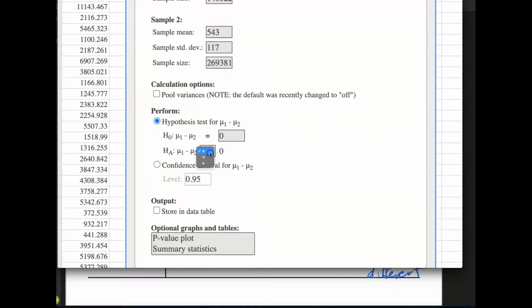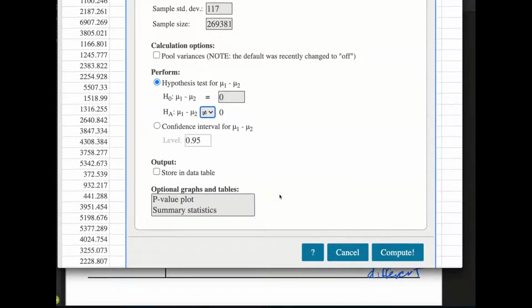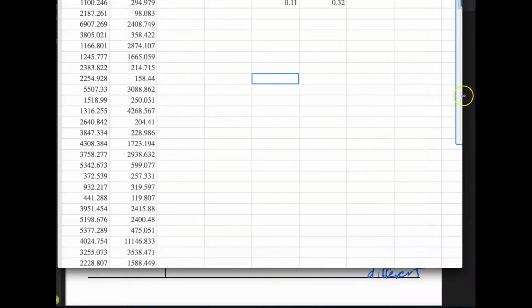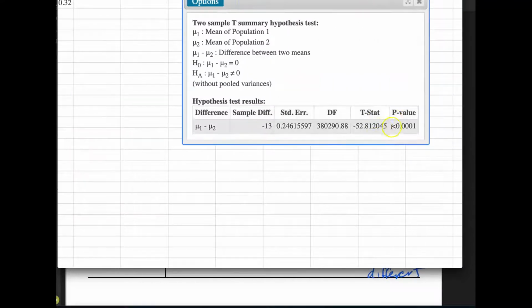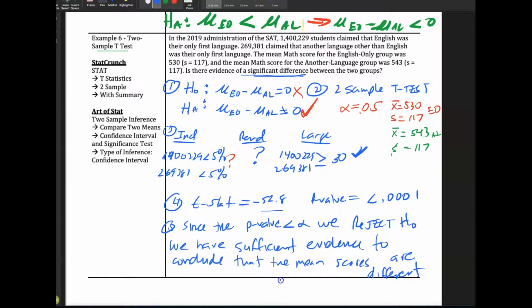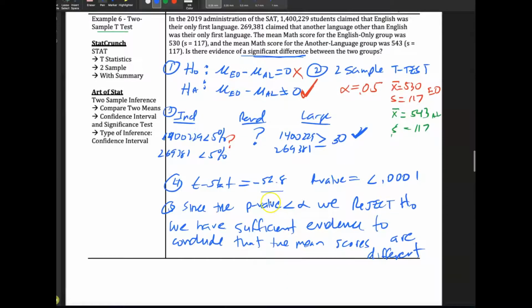And we're checking to see no difference, so we'll use the not equal to. And again, notice that notation there. The difference between the two means we compile, and that's where we got the p-value, very small p-value, test statistic, very big, or negative, right? And so we then go ahead and proceed.